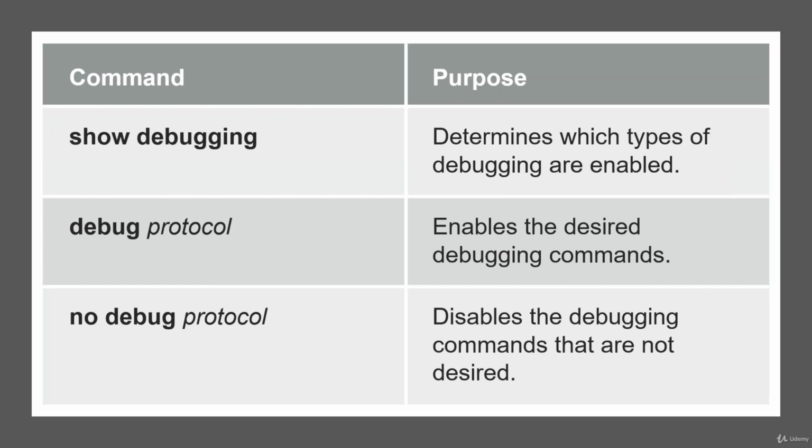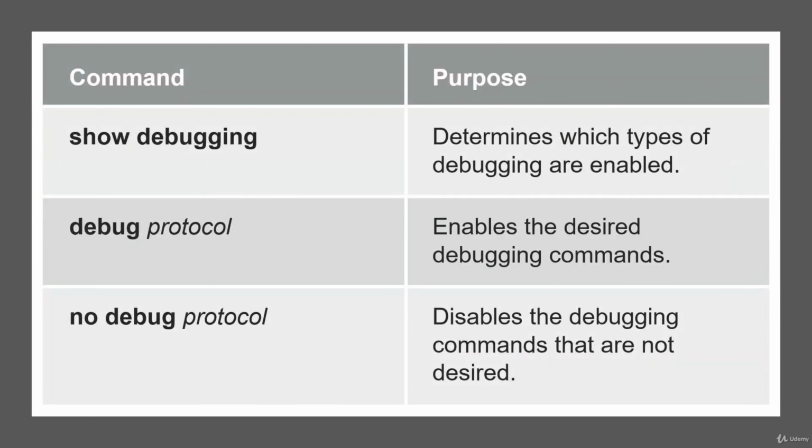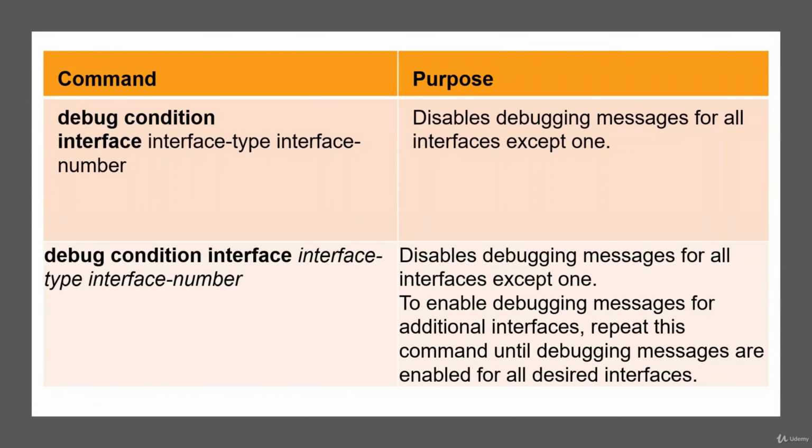With that we can understand how many debugs we have used, how many debugs actually are running in that device. Then we have conditional debug. So for example, I can go and use debug condition interface, and over that interface what is happening we'll get to know. Again, for the conditional debug, we have the option to do the no debug for the conditional debug, and conditional interface means debug over that interface.